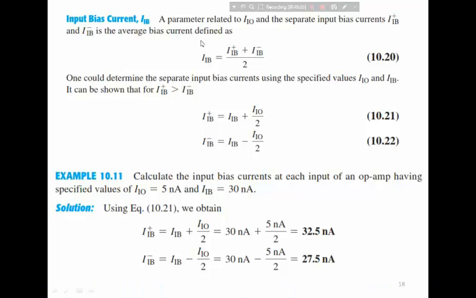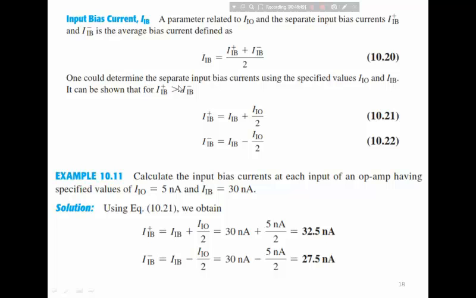Another parameter which relates the input bias currents of each terminal of the op-amp is called the input bias current, and it is defined as the average of these two input currents, IB positive and IB negative. And this input bias current is specified on the data sheet of the op-amp.